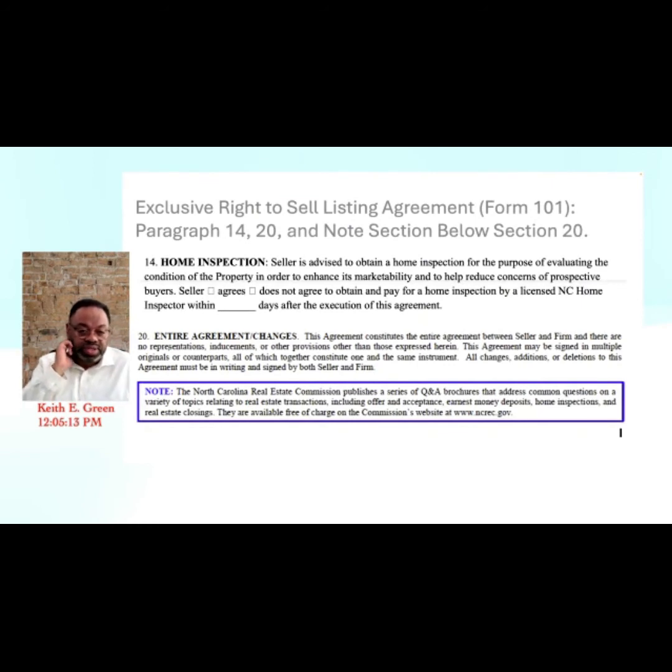Home inspections. In the original contract section 14, they referenced the question and answer brochure that the Real Estate Commission has. They took that out of the new one, and then added it as a note under paragraph 20 of the exclusive right to sell listing agreement.